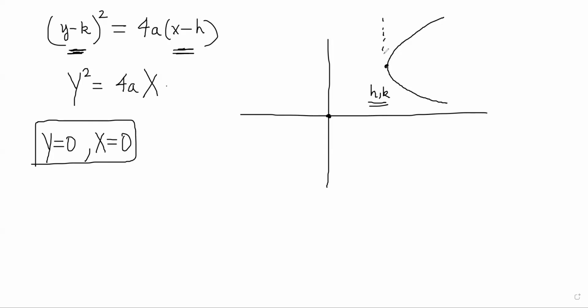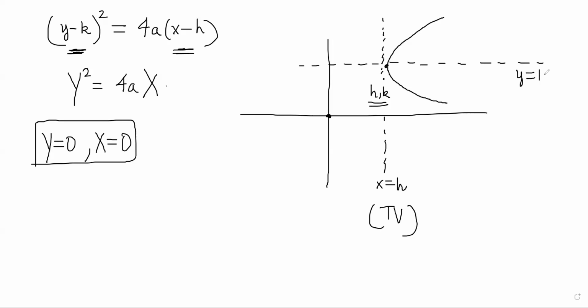So if this is the vertex, you will draw everything with this perspective. This line, which is x is equal to h, is the tangent at vertex. This line will be the axis of the parabola, and that will be y is equal to k. And the focus, you will be shifting this by a units, so it will be at h plus a comma k. That will be the focus.